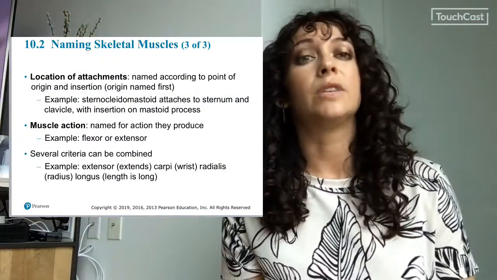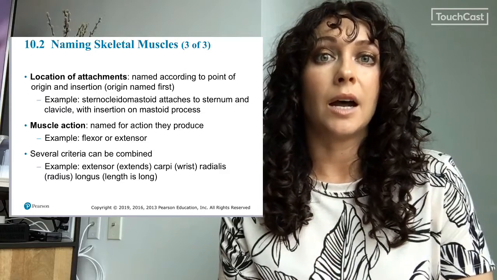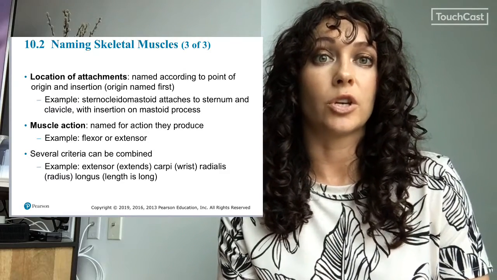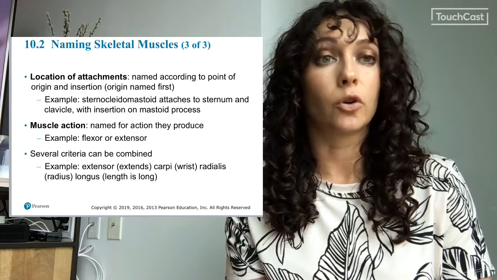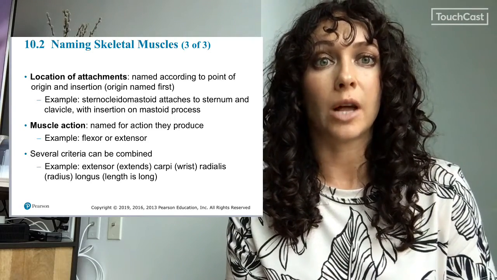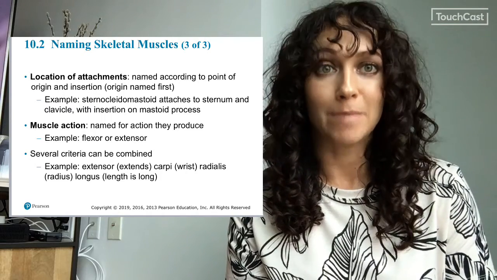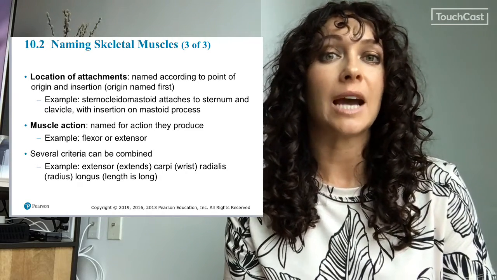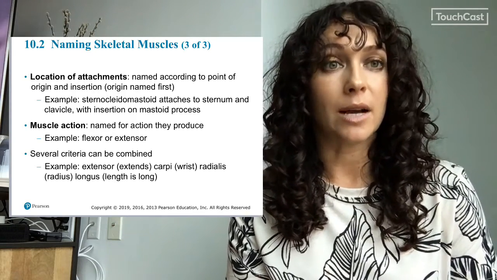The location of these attachments. Sometimes we name muscles based on the point of origin and insertion, origin going first and insertion coming in last. A great example of this is our sternocleidomastoid muscle. That was a mouthful. Sternocleidomastoid. Okay, so it's going to attach to our sternum and clavicle and also our mastoid process.